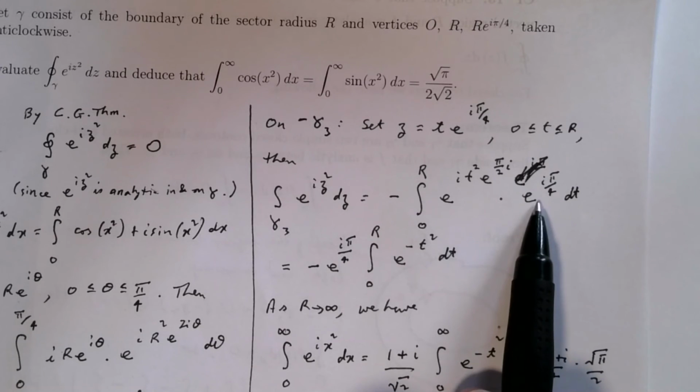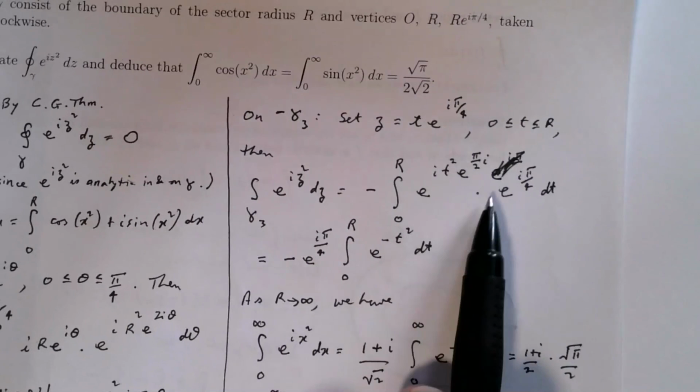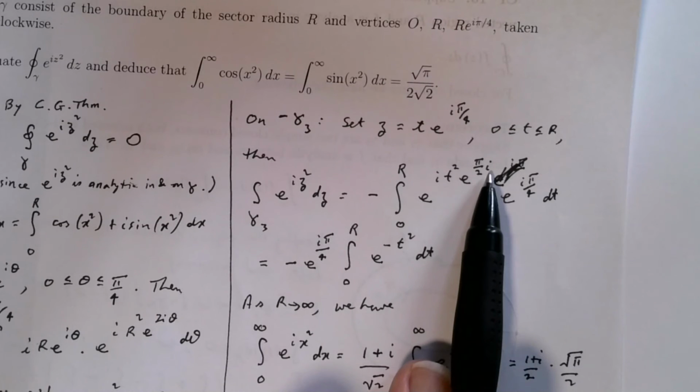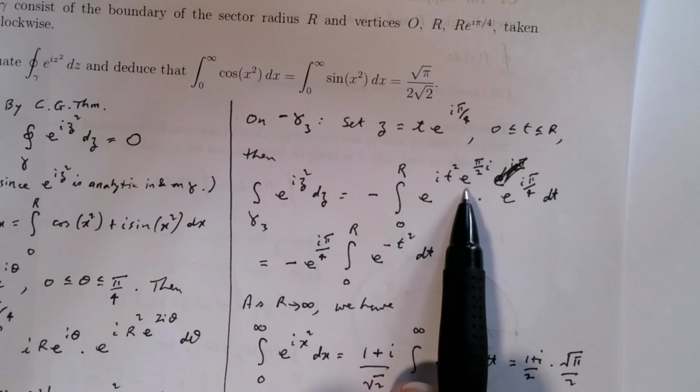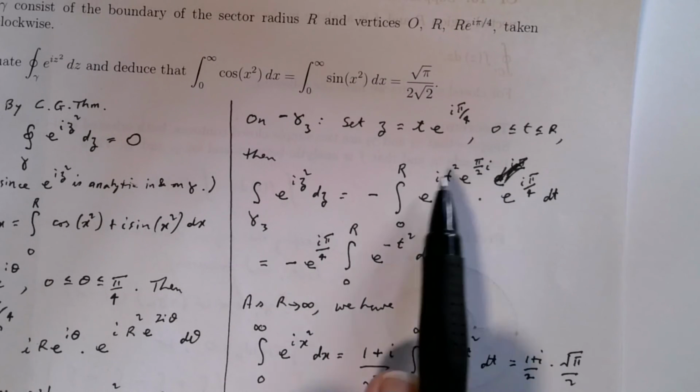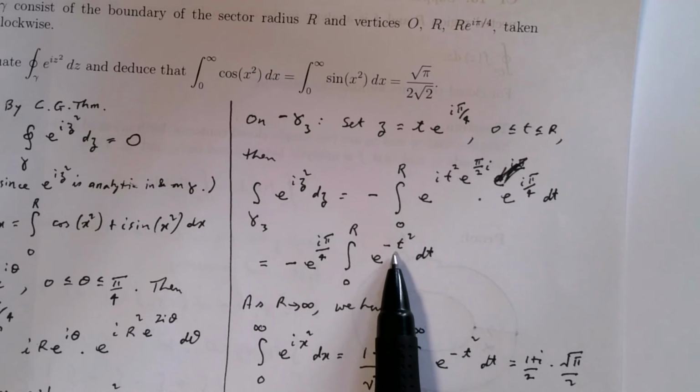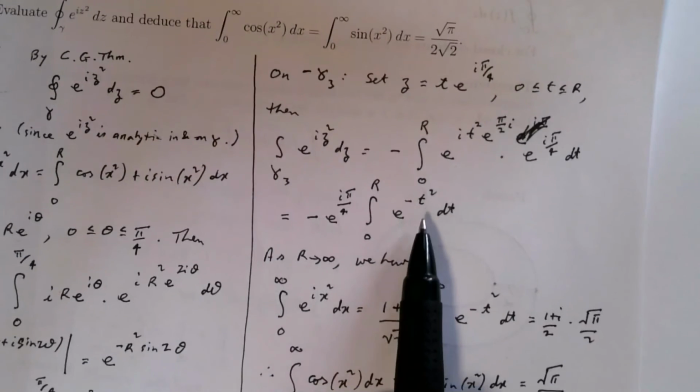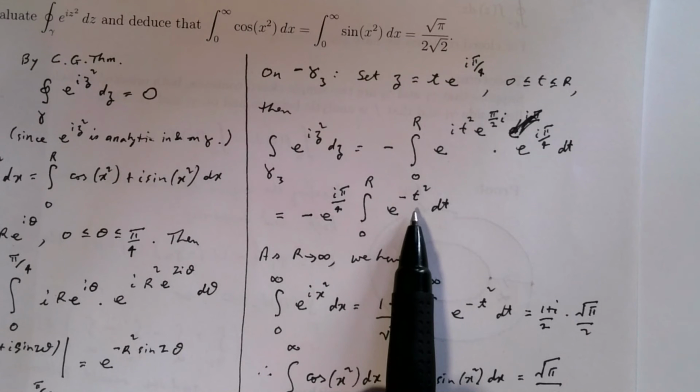I can pull that out the front. Now what's happening here, e to the I pi on 2 is a fancy name for I. I squared is minus 1, so I just get e to the minus t squared dt. Now as r goes to infinity, then we know that the sum of all three integrals was 0.